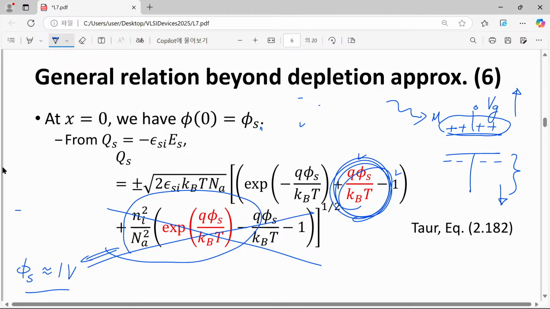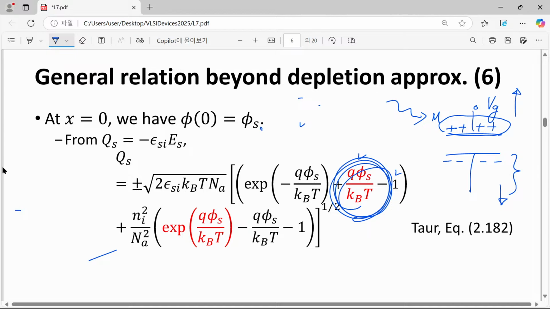Here you can see that when we have a moderate value of surface potential phi s, not quite close to 1.0, like 0.9, something like that, usually this term dominates. Only when we have sufficiently high bending does this term become the dominant term. So please understand these two dominant terms.